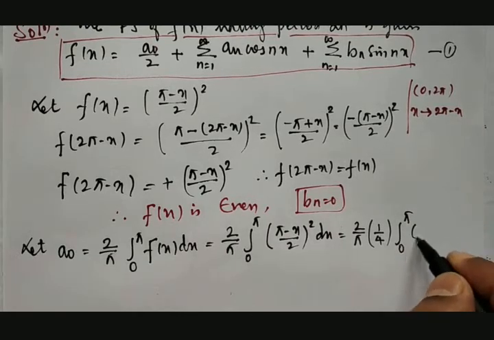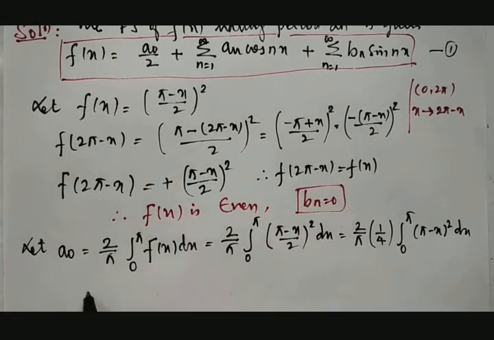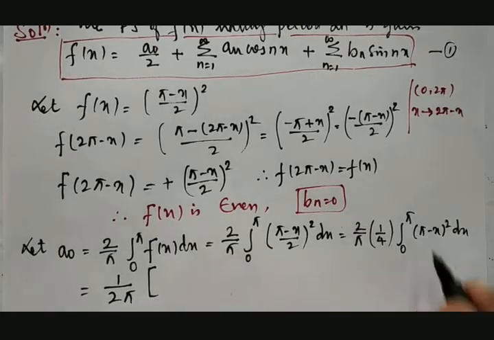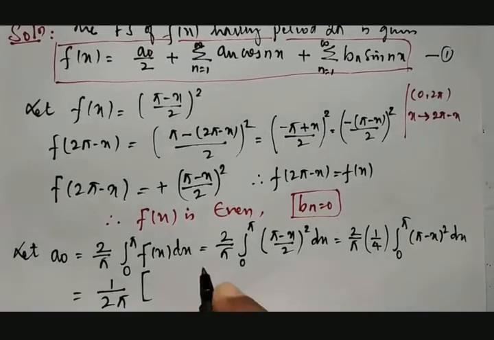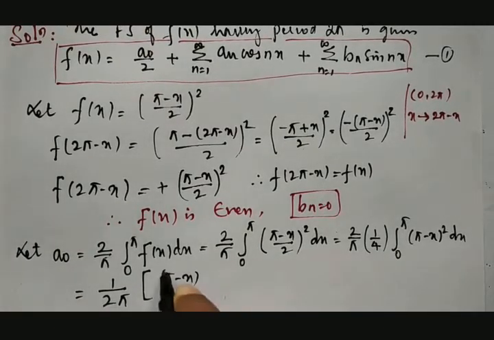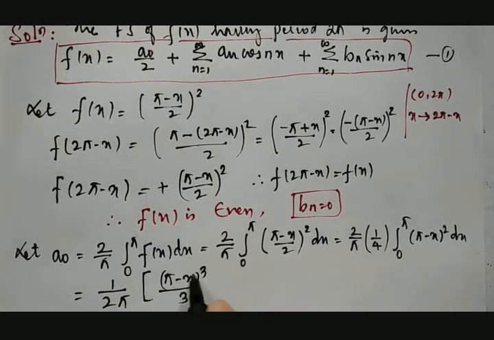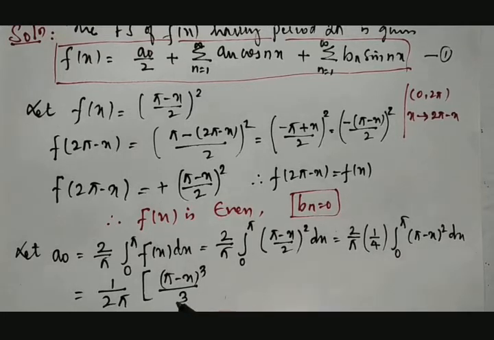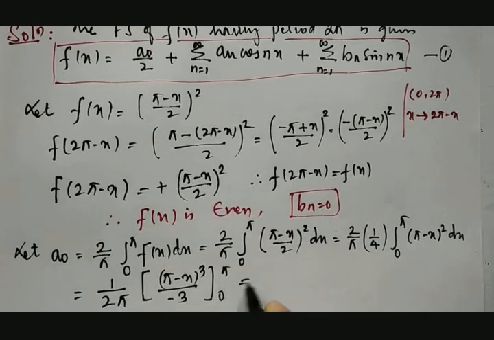Integration between 0 to pi, (pi minus x) the whole square with respect to x. 2s and 4 cancel, therefore it is 1 divided by 2 pi into integration of (pi minus x) the whole square. Integration of this becomes (pi minus x) raised to 3 divided by 3 into integration of this term. Then from here we will be getting minus sign. So it becomes minus 3, between the limit 0 to pi.